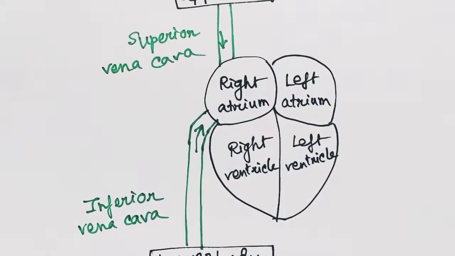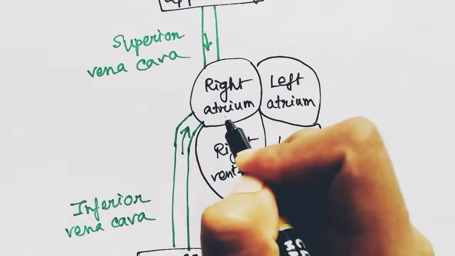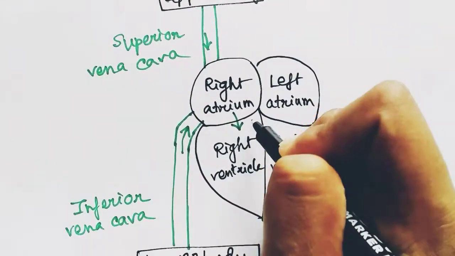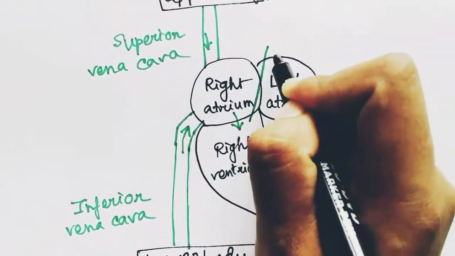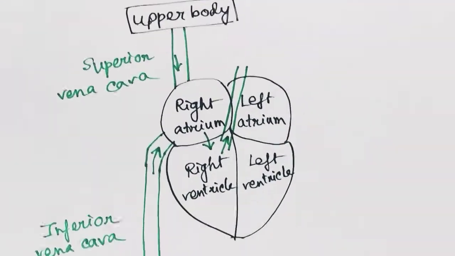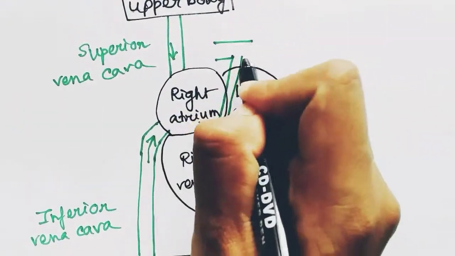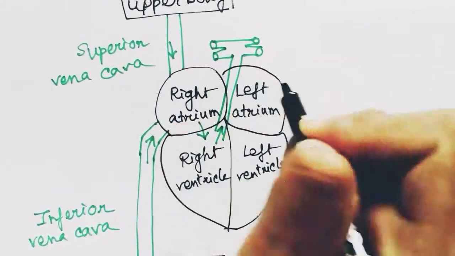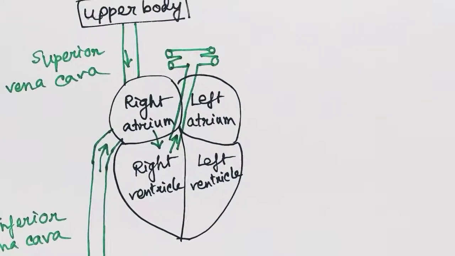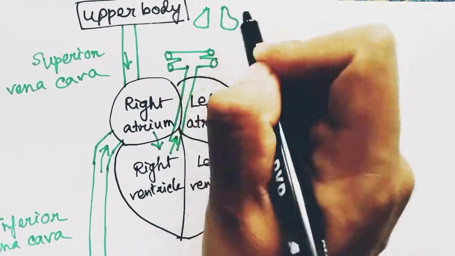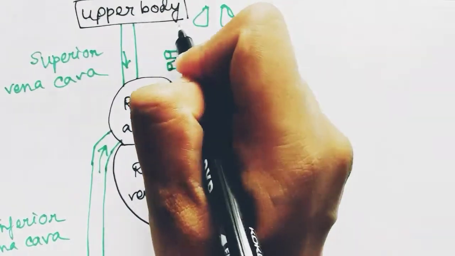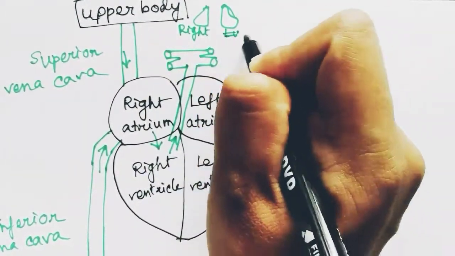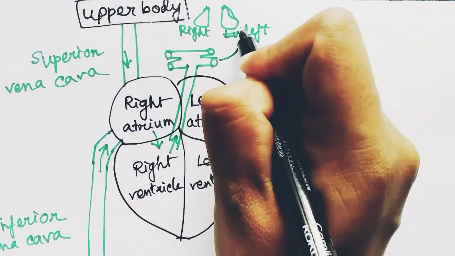After that, from the right atrium, it will reach the right ventricle and will be pumped towards the lungs to get oxygenated via the pulmonary artery. There are right and left lungs, so there are also right and left pulmonary arteries to reach both the lungs.